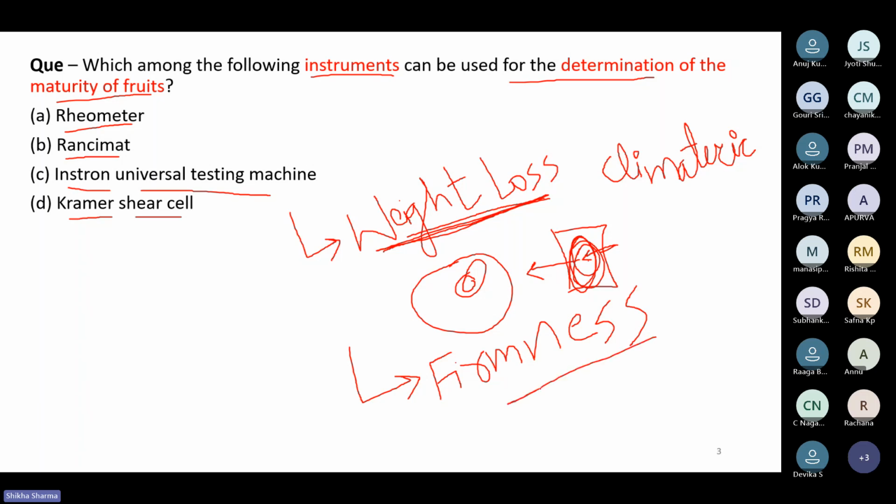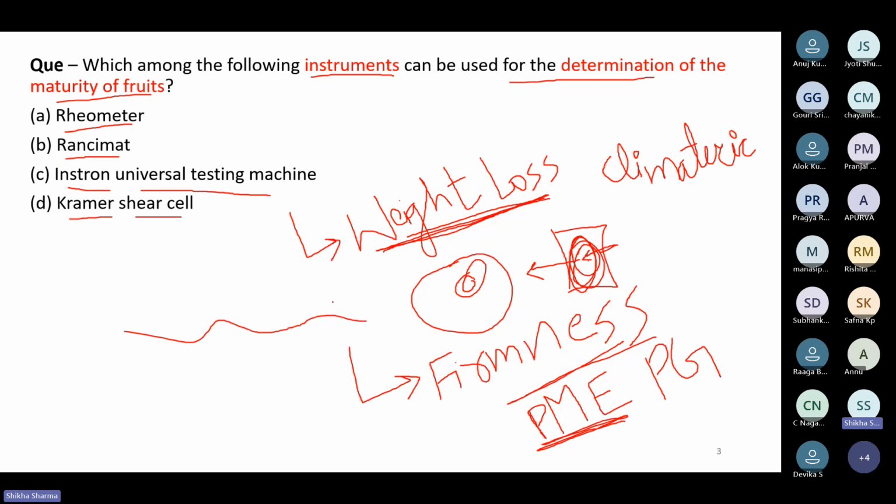Why is the firmness decreasing, or why is the fruit softening? Because there are different enzymes like pectin methyl esterase and polygalacturonase. Pectin methyl esterase acts on the methyl ester groups in the pectin polymer, in a particular reaction.